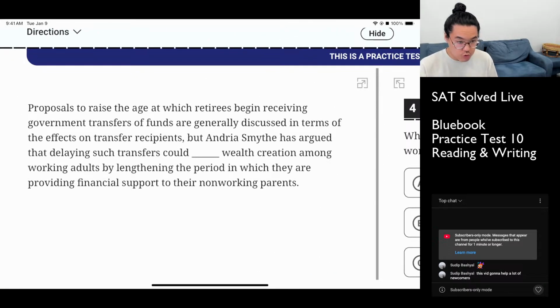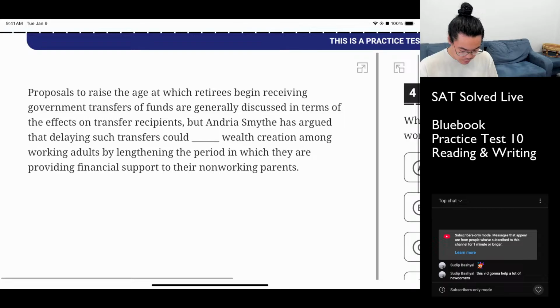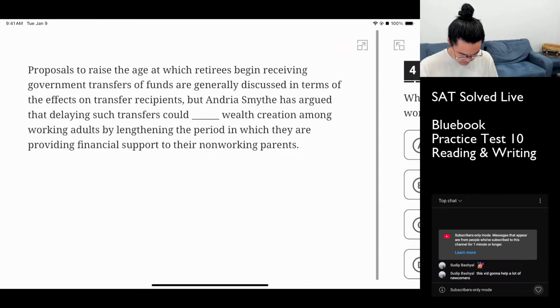Number 4, we're trying to raise the age for Social Security, and it's discussed in terms of the effects on them. But actually we can raise the age, and it could actually help with wealth creation, I assume, by lengthening the time in which they are providing support to their non-working parents. Oh, harm wealth creation. Wait, hang on, what?